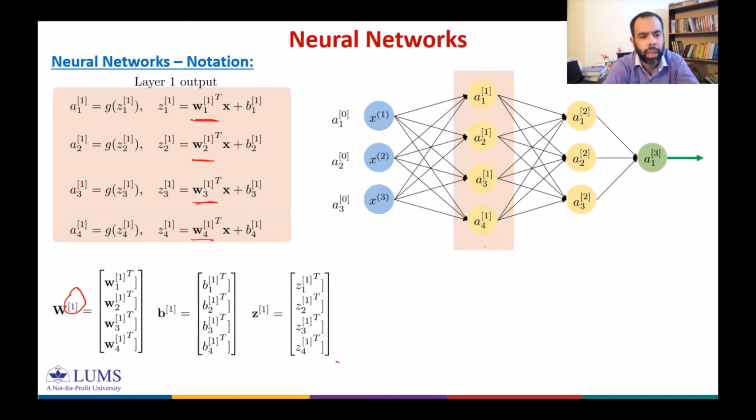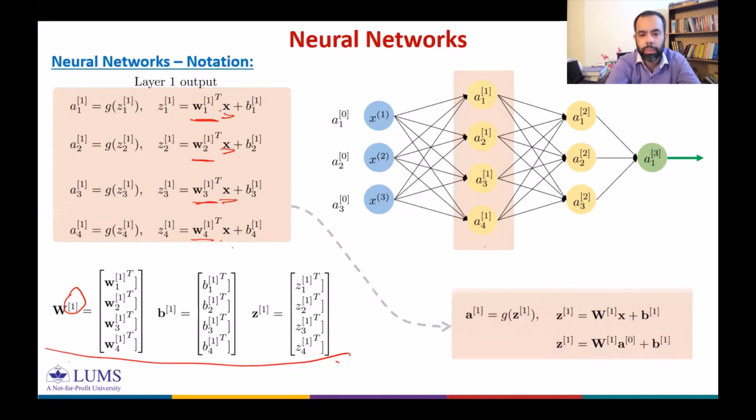Can you help me in writing all of these 4 pre-activation outputs using one equation, using the notation defined here? Yeah, this is super simple, right? So you see x is common, the input is the same in each of these equations, right? So we can compactly represent this in this form. So z would be W1 x plus b1, and we know that x is a0, right?